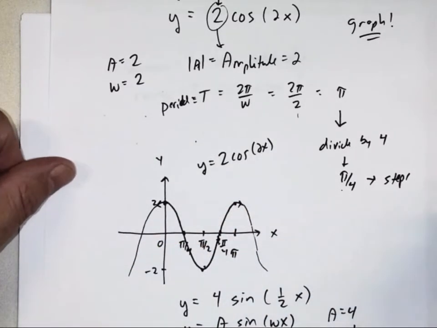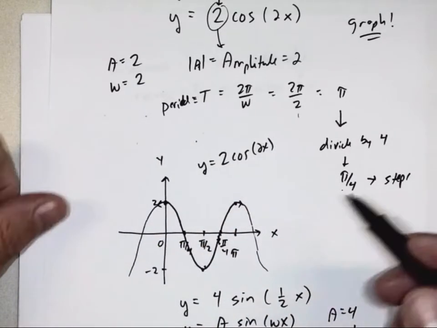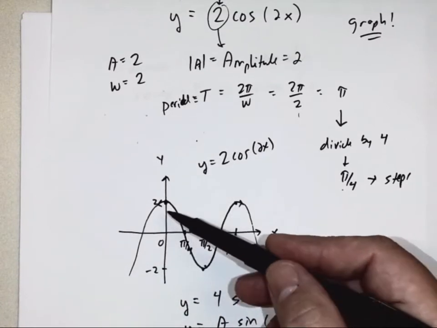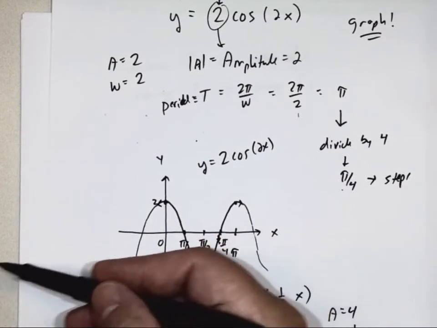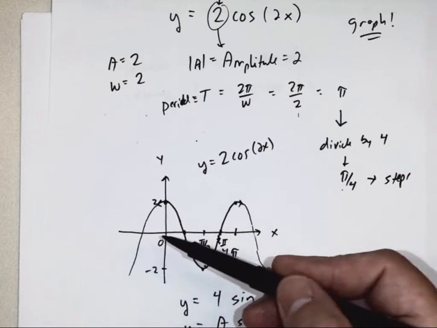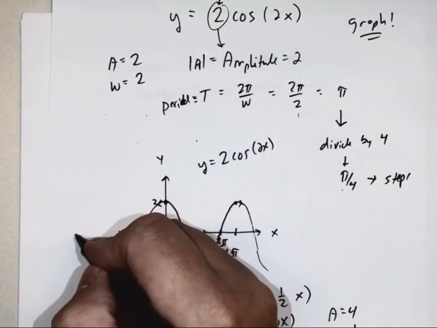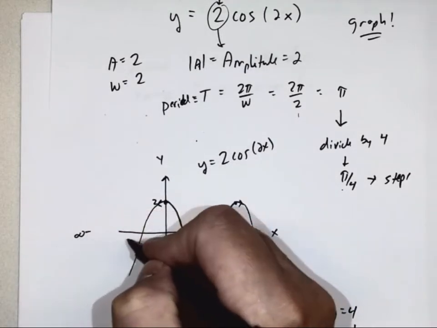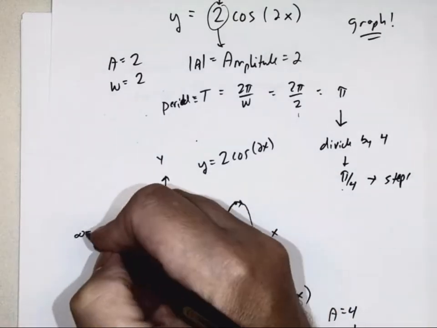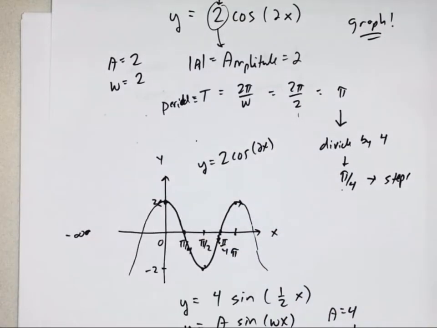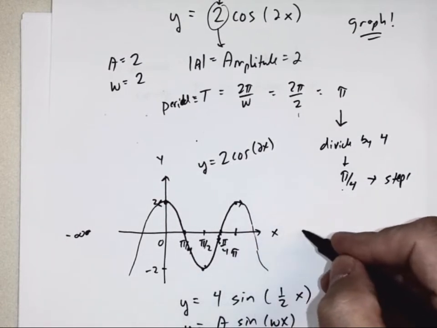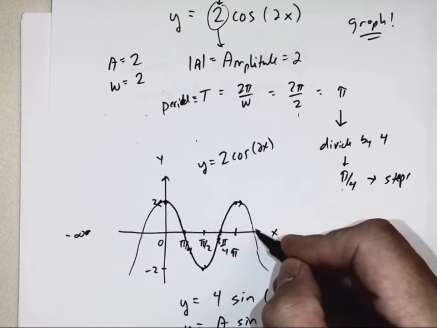It never stops. So if I were to ask you what's the smallest value of x for this graph, how far to the left does this graph go? Well, it goes on forever. You would really say the smallest value is negative infinity. And then how far to the right does this graph go?